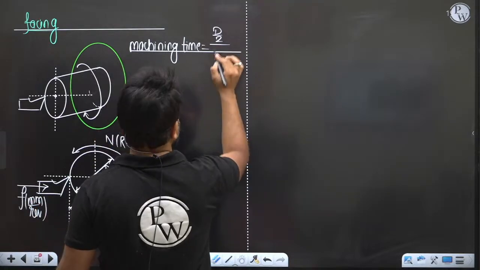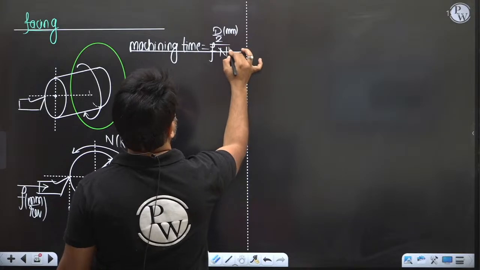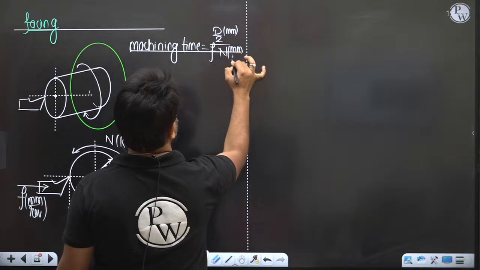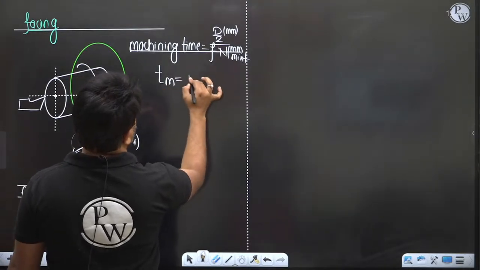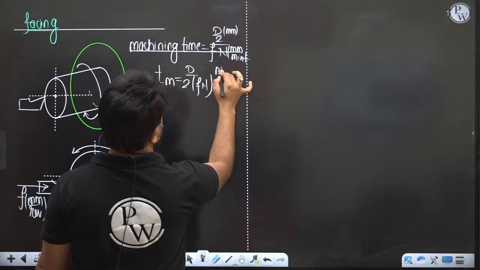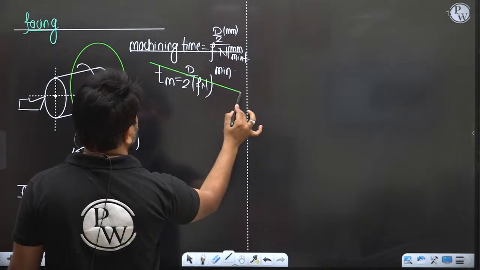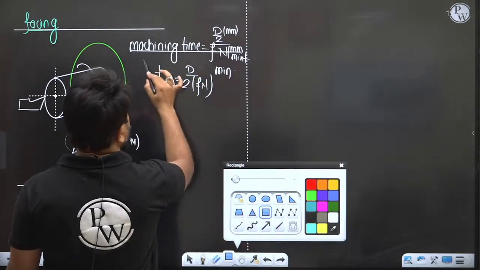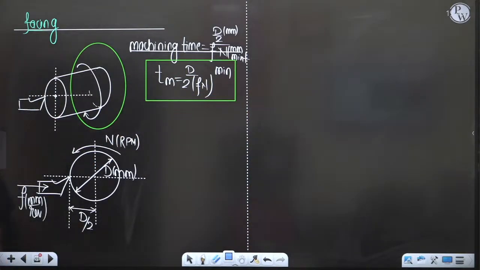Tool speed is f into n, which will be in mm per minute. So machining time becomes d by f into n, in minutes. It's up to you whether you want to keep it in minutes or convert it to seconds. I hope this point is crystal clear.